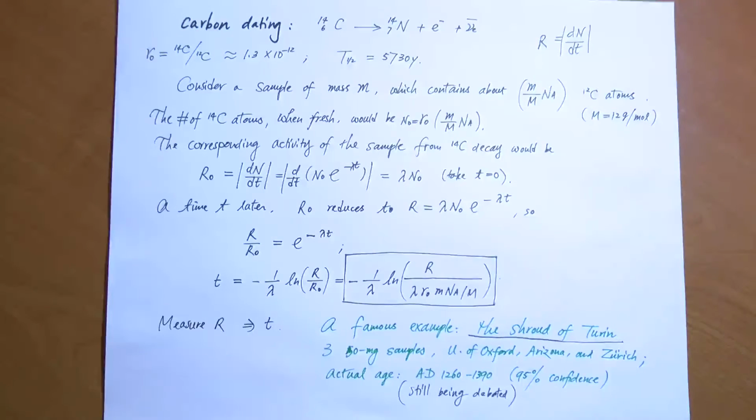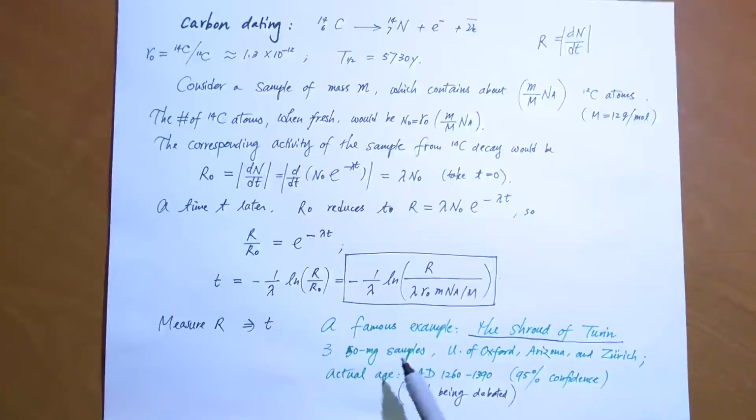It is considered a sacred object in the Catholic religion, but its authenticity has always been up for debate. In the late 1980s, 3 separate university labs each obtained a 50 milligram sample from the Shroud of Turin. These are the University of Oxford, University of Arizona, and University of Zurich in Switzerland.